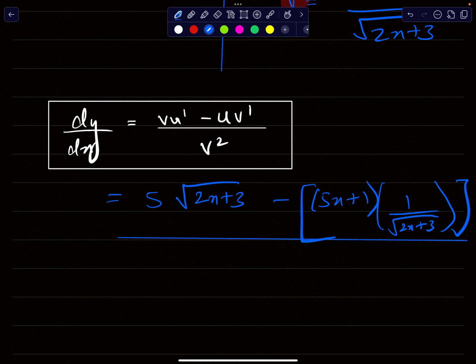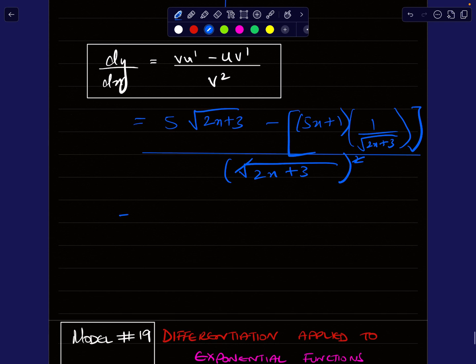Don't forget this. V is root of 2x plus 3, and since we have v square, the square cancels off with the square root, leaving us with 5 over 2x plus 3 minus, alright, so we have a 2x plus 3 here too.